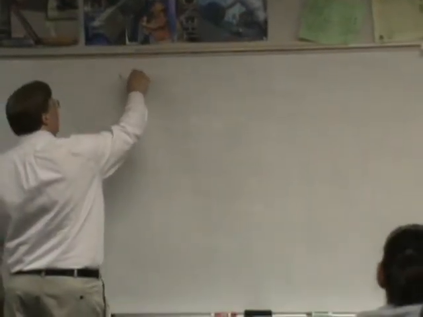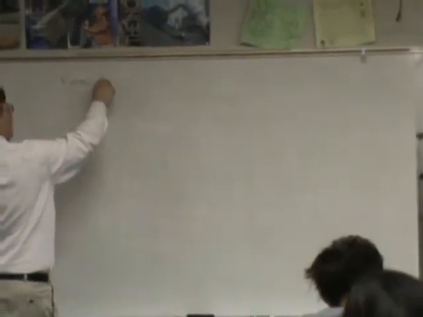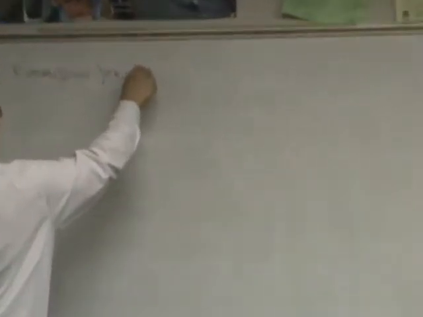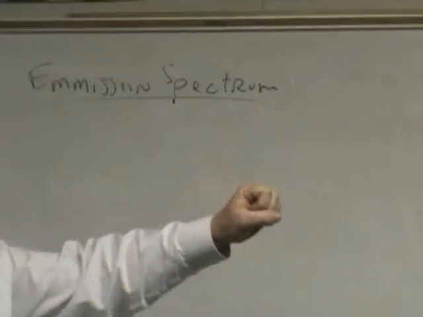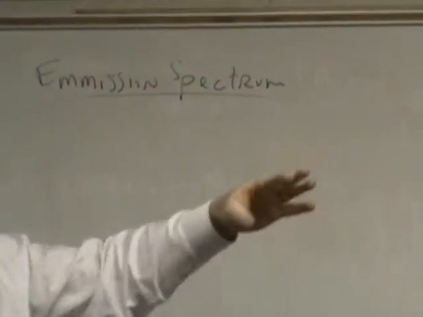You've got emission spectrum. These are the photons that your atom is going to give off. Tell me, when your atom is giving off photons, are these electrons falling in energy level or rising in energy level? Yeah, they're falling.